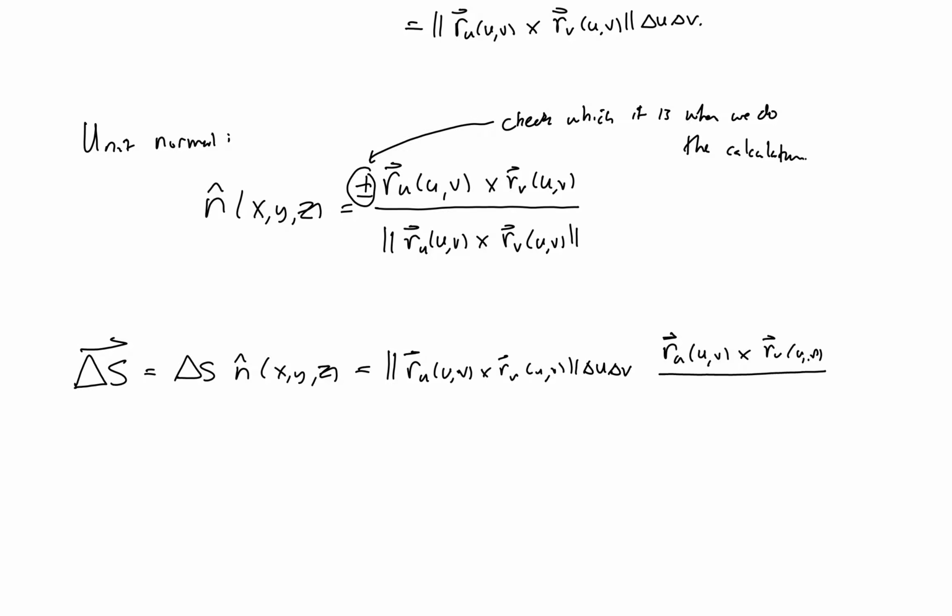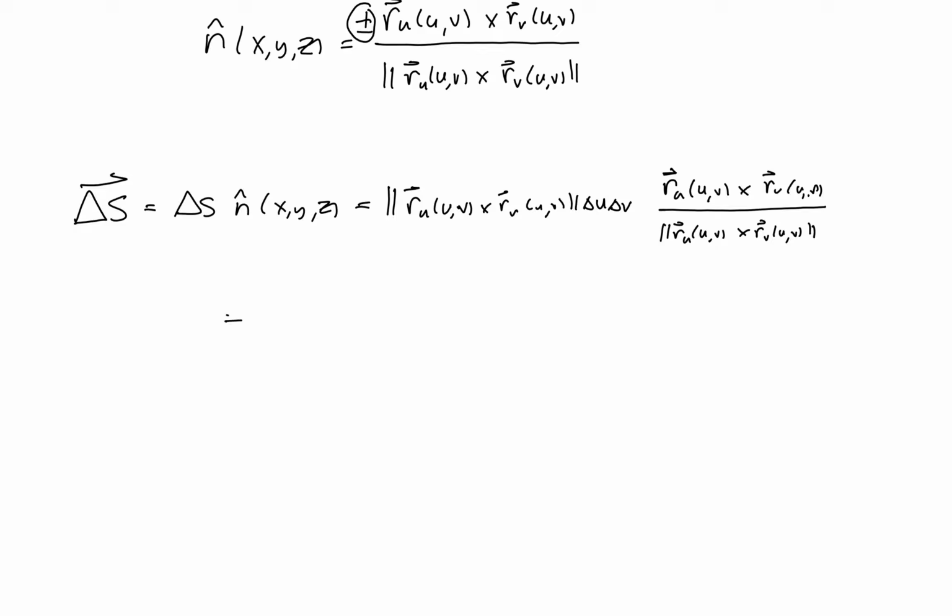So our unit normal vector is given by this. And so those magnitudes cancel out, and we get that this delta S is really r sub u cross r sub v. Again, we have to make sure the sign's correct, otherwise we change the order. And then we have this.